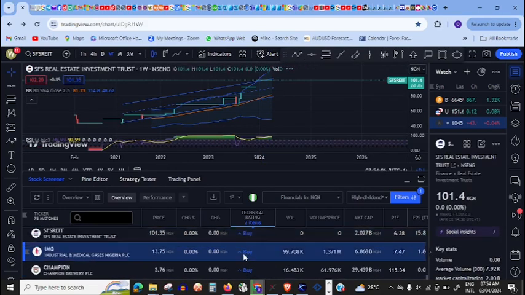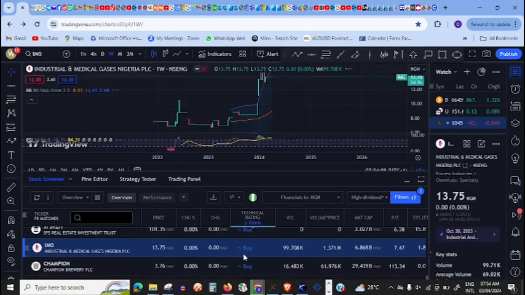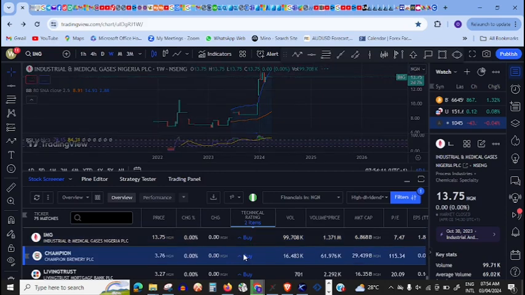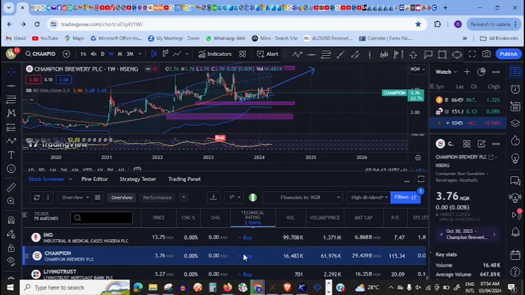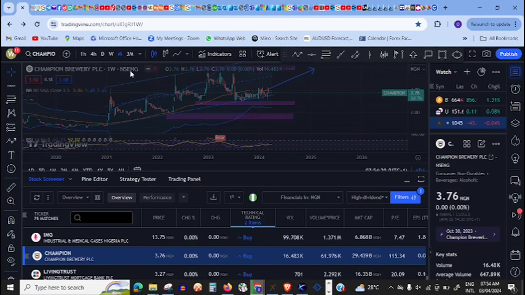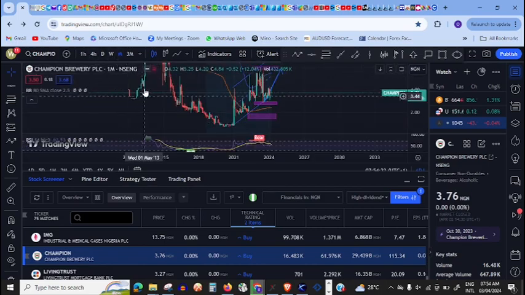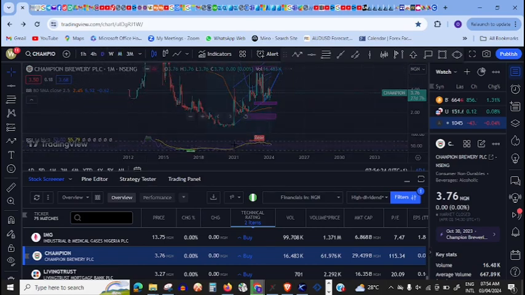I'm not looking at that. There's an overbought region. Okay, this is Champion. I'm still holding this stock. Let me check. Okay, this is the weekly chart.